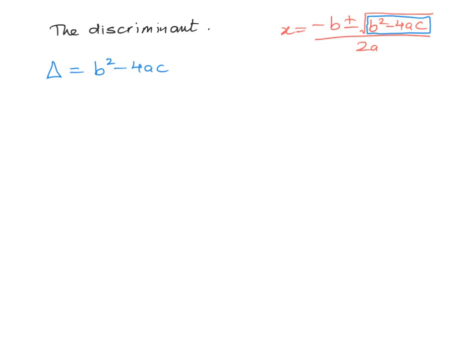Now, what is the point of the discriminant? Well, if you ever want to know how many solutions and what type of solutions you have, but not actually what those solutions are, then the discriminant comes in handy. And the reason is, if the discriminant is positive or greater than 0, then you're taking the square root of a positive number, and you know how to take the square root of a positive number.